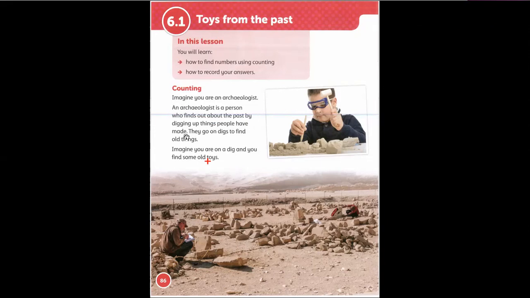They dig the earth, they dig different places where people used to live, and they find traces of people who are not on the earth anymore, but who made different kinds of things. They go on digs to find old things. Why do they dig the earth? They dig the earth to find some of the old things.